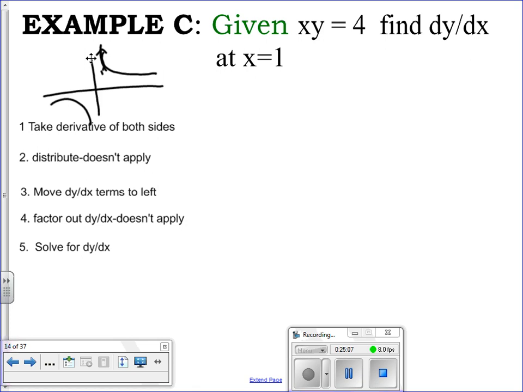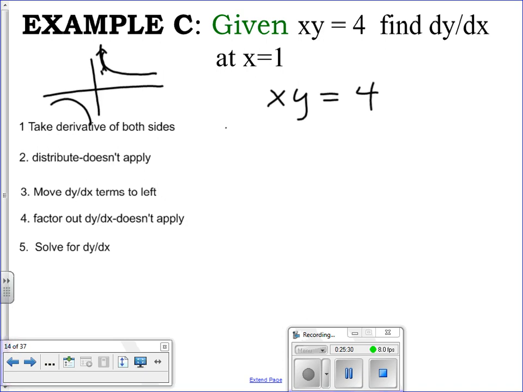Let's use implicit differentiation. So we're starting out with x times y equals 4. The first thing you have to do is take the derivative of both sides. To take the derivative of the left side, what am I going to need to use? Product rule. All right, let's try this.